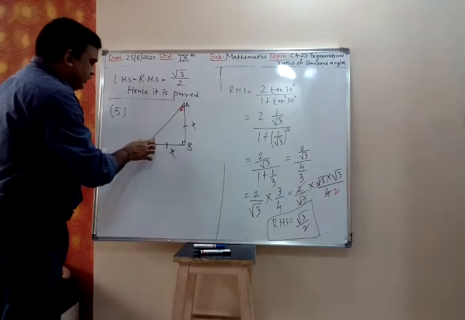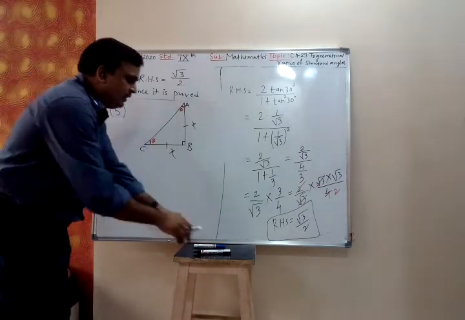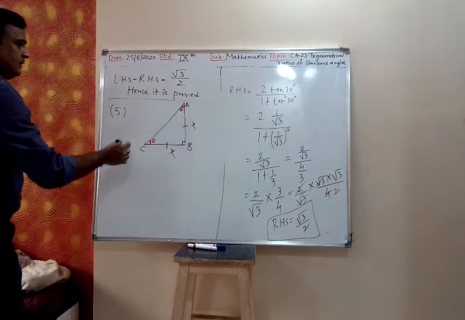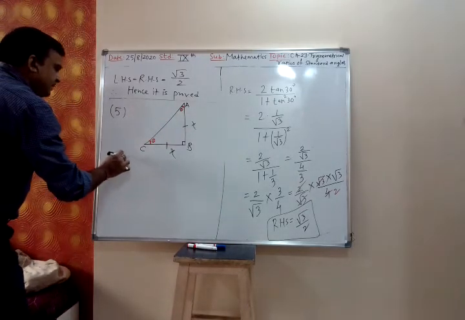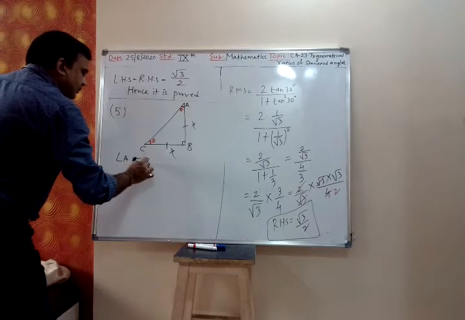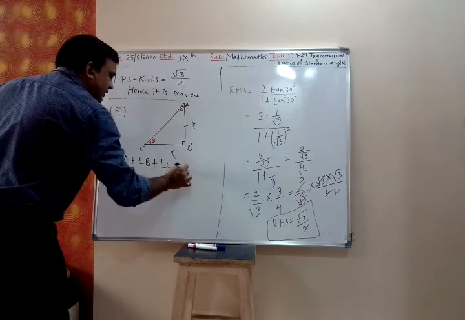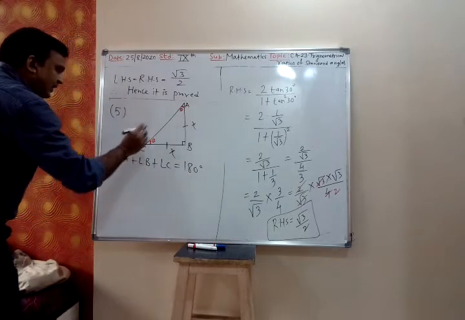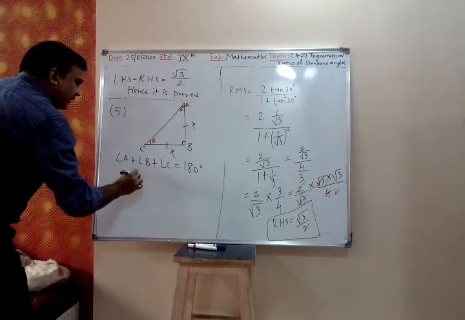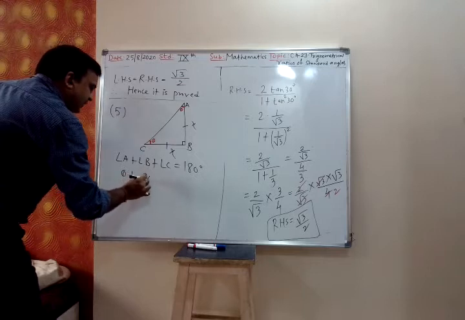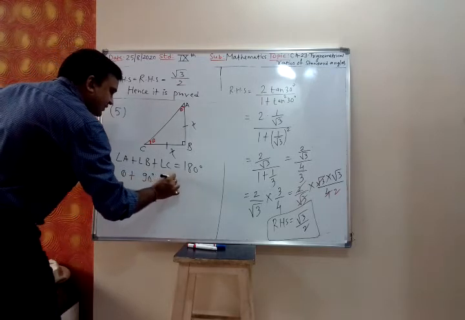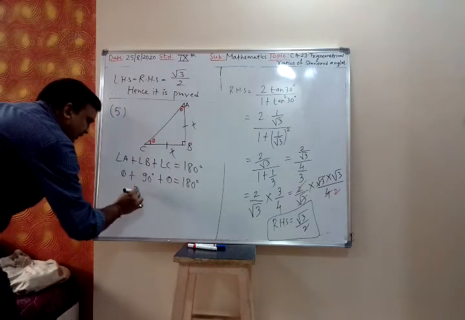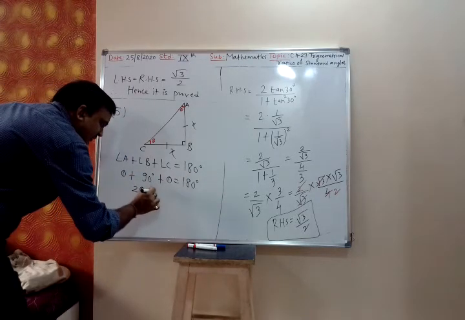Now by using the sum of all three angles of a triangle being 180 degree, you can find the value of theta. Angle A plus angle B plus angle C is equal to 180 degree. Angle A is theta, angle B is 90 degree, angle C is theta. So theta plus theta is 2 theta, 2 theta is equal to 180 minus 90.